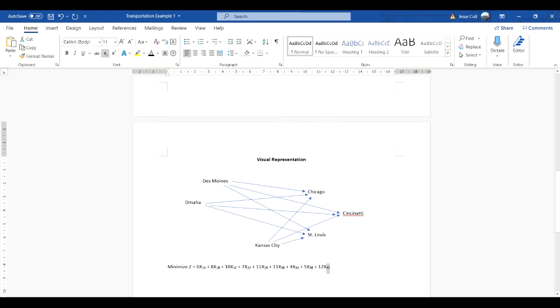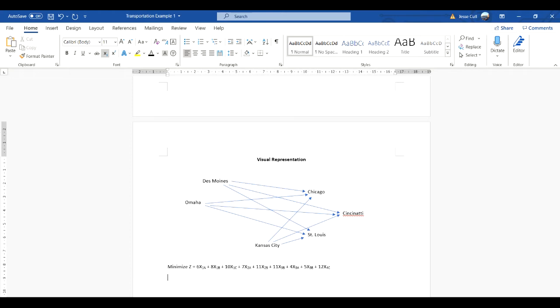Okay, we've successfully compiled our minimization objective function. We're trying to minimize the cost for those 9 shipping routes.